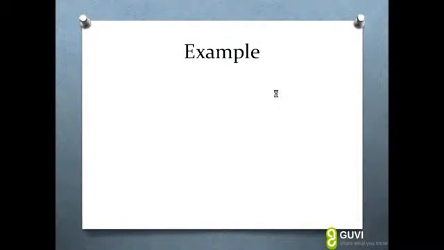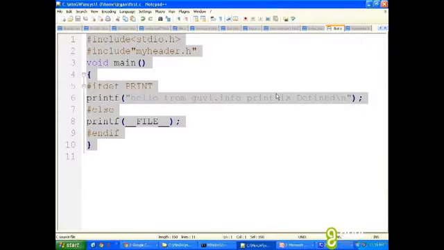Now we have talked so much theory. We'll go and have a look at the code. In this code, we'll define our own header file and add only one predefined constant in that. After that, we'll include it in our code file and play around with it.